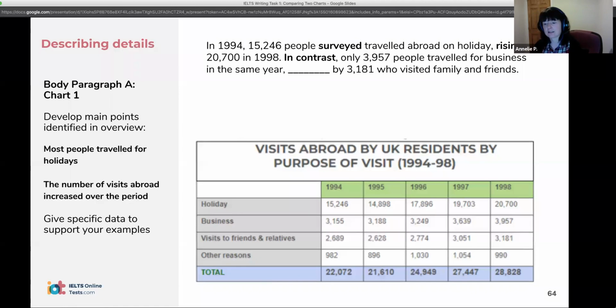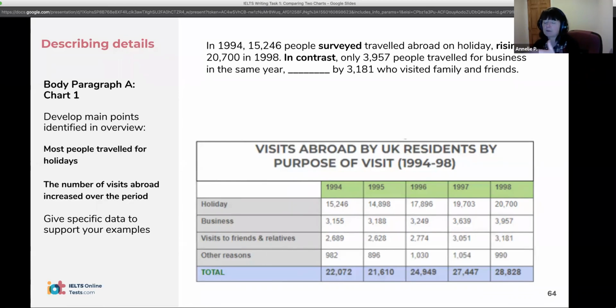In contrast, okay? In contrast, conversely, something like that. And then we give the next numbers. And we started here with the number, and then we talk about where it comes from.